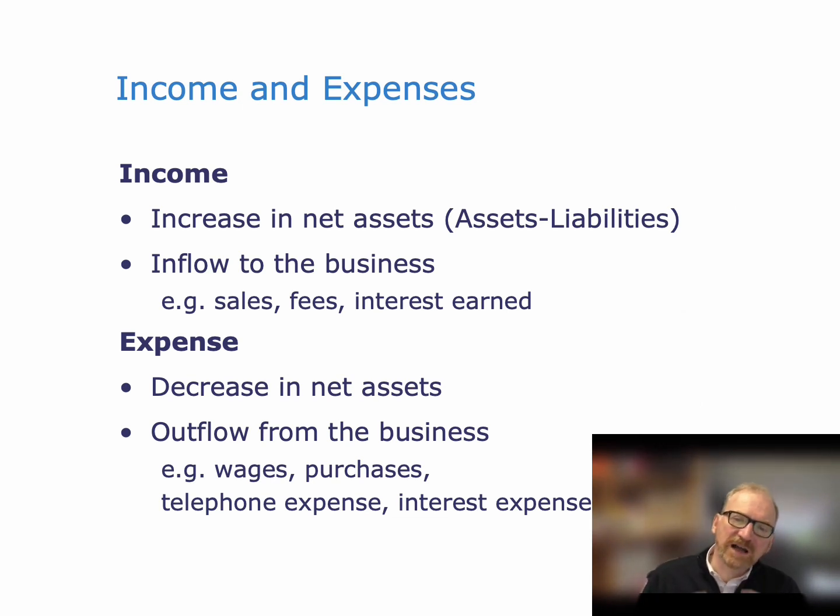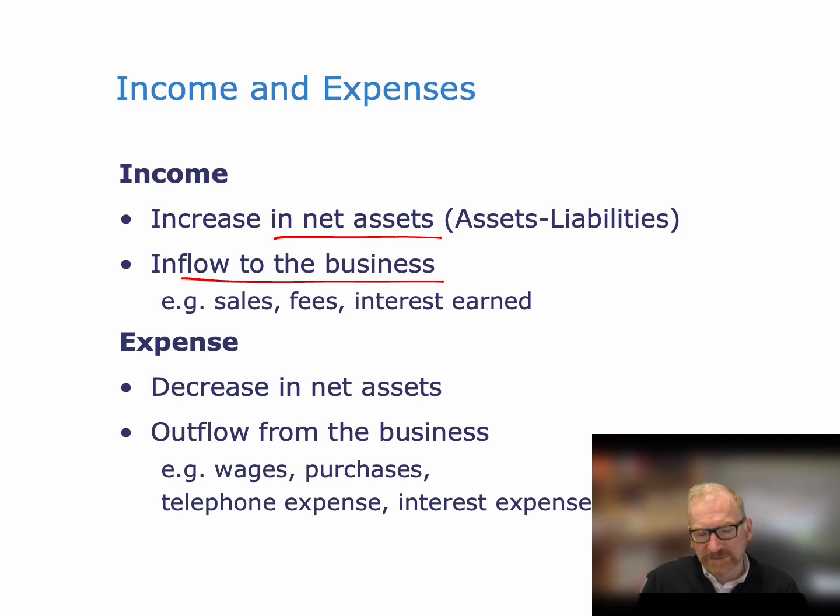So what items are on the profit and loss account? Well, the two major items are income and expenses. Income items are increases in net assets or inflows to the business, things like sales revenues, fees, interest earned, or any other inflows to the business.